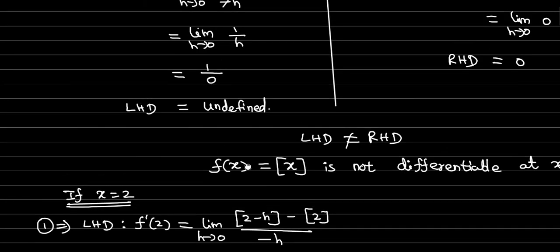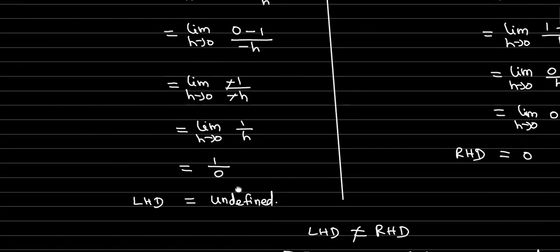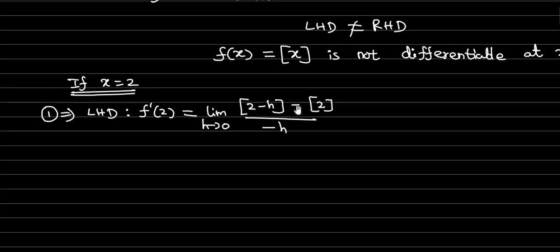Let's cross check. We just replaced x with 2. Now I'm going to find the value of 2 minus h. Just understand, 1 over here, then 2 and 3. 2 minus h means the values lie between 1 and 2.